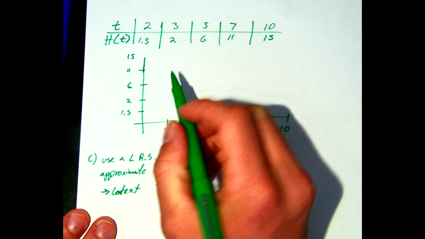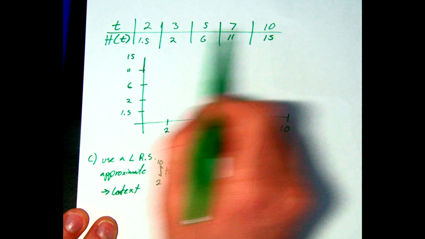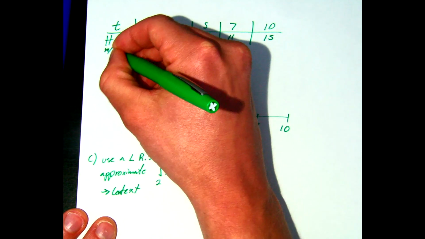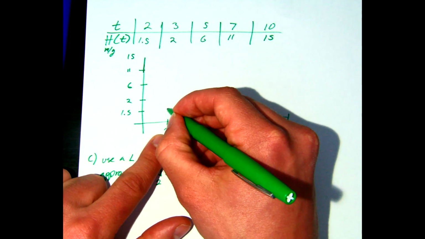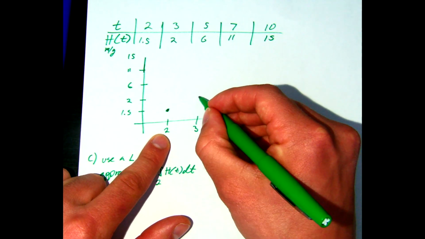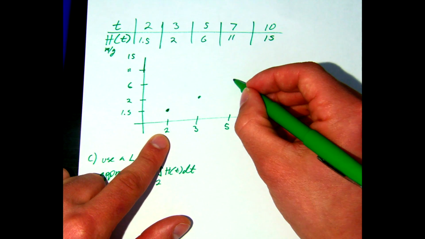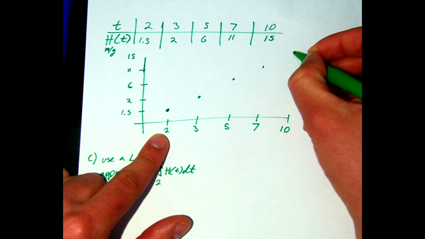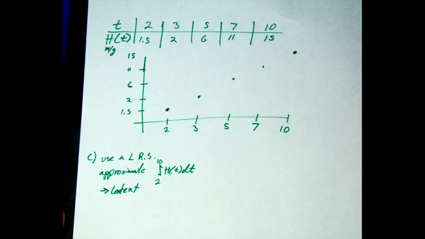So I've got time and I've got h of t, and again, this is the meters per year, and I see that my function is increasing, and it's making these little points all the way up to here. Now, this is all I know about my function.